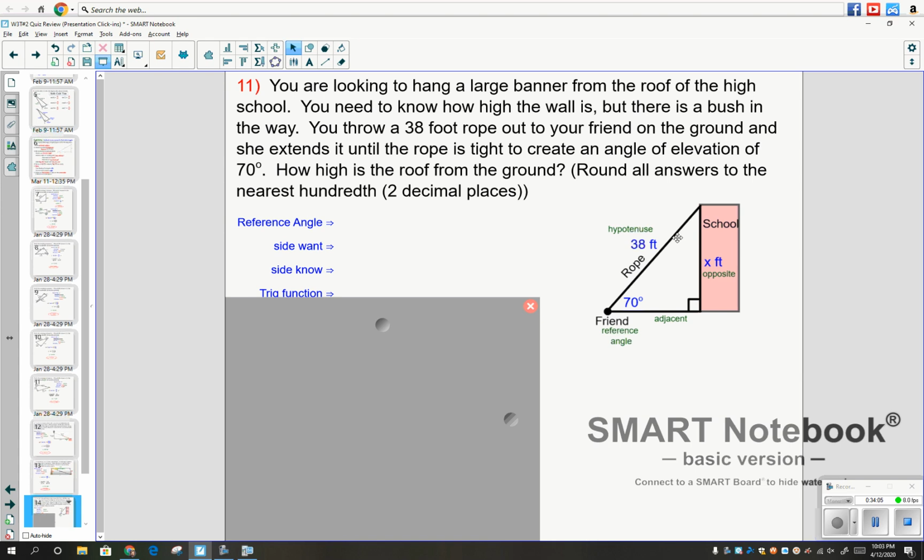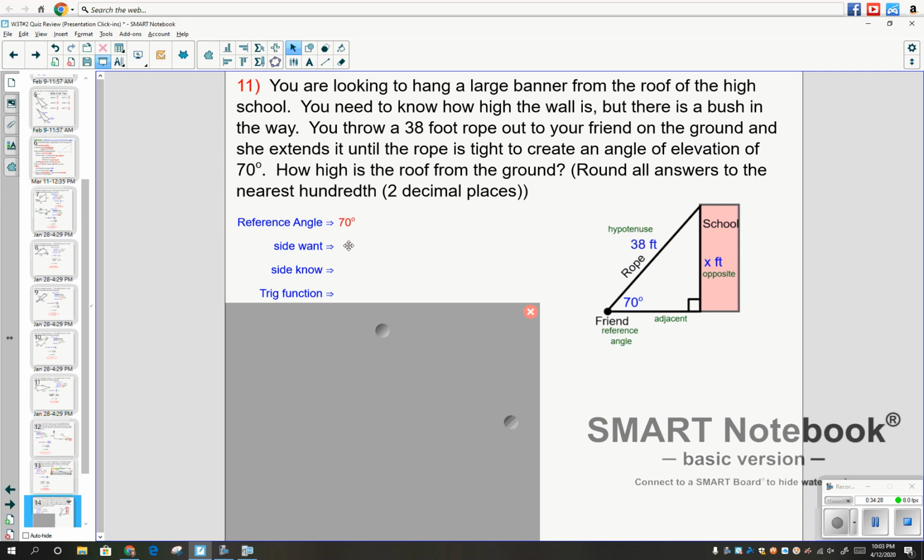Draw a line that goes to the top of the school, which represents my rope. That's 38 feet. And I labeled the height of the school x. Right here's the angle of elevation by looking straight ahead, then up. Remember, straight ahead, then up? Well, that angle's 70 degrees. That's also my reference angle.